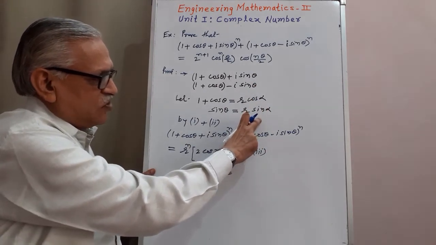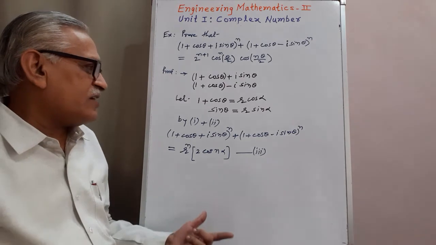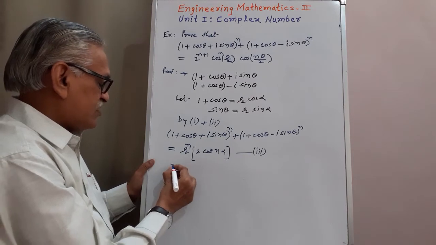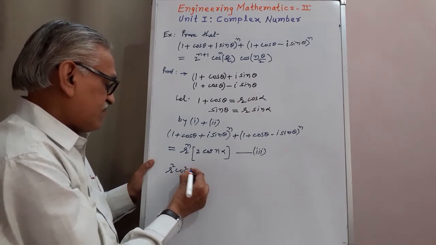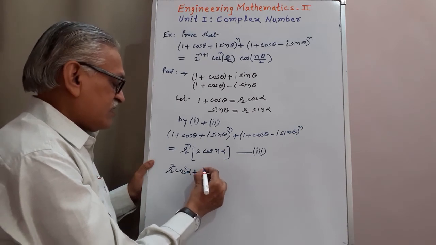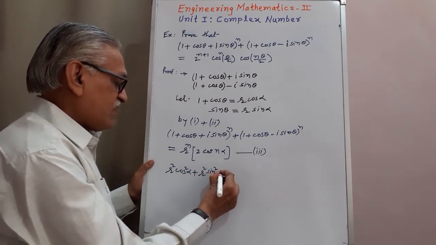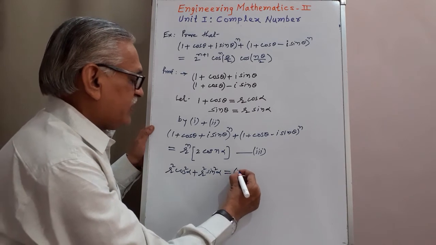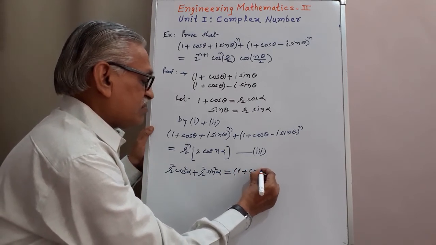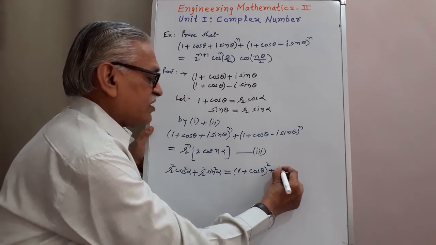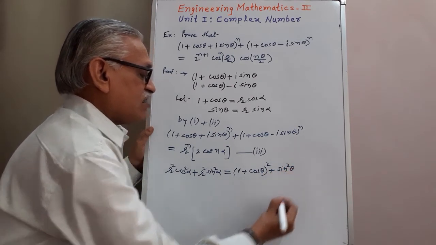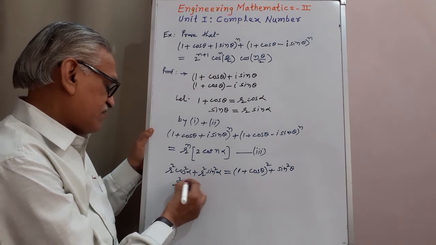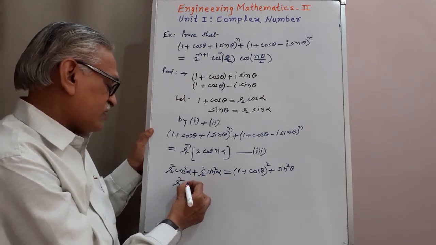As it is in terms of sin and cos, we square and add these two results. Squaring, we get r² cos² α + r² sin² α = (1 + cos θ)² + sin² θ. Taking r² common, cos² + sin² is 1.